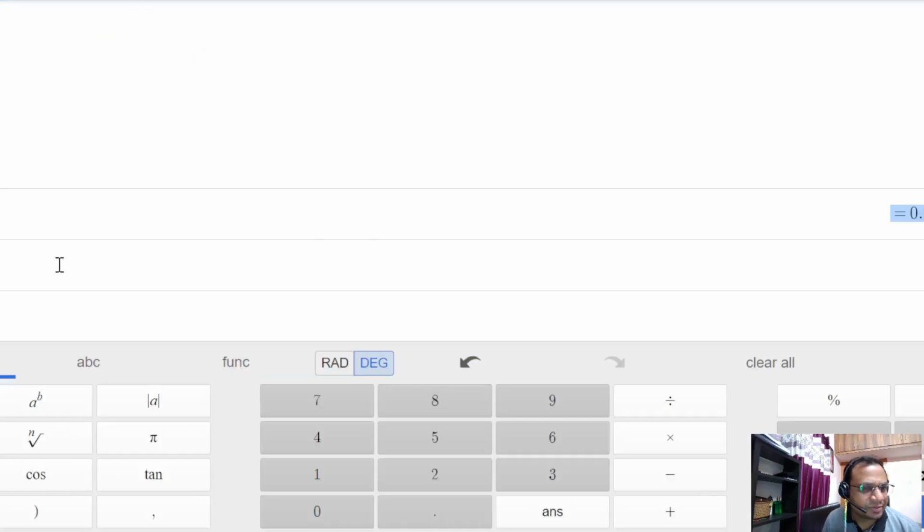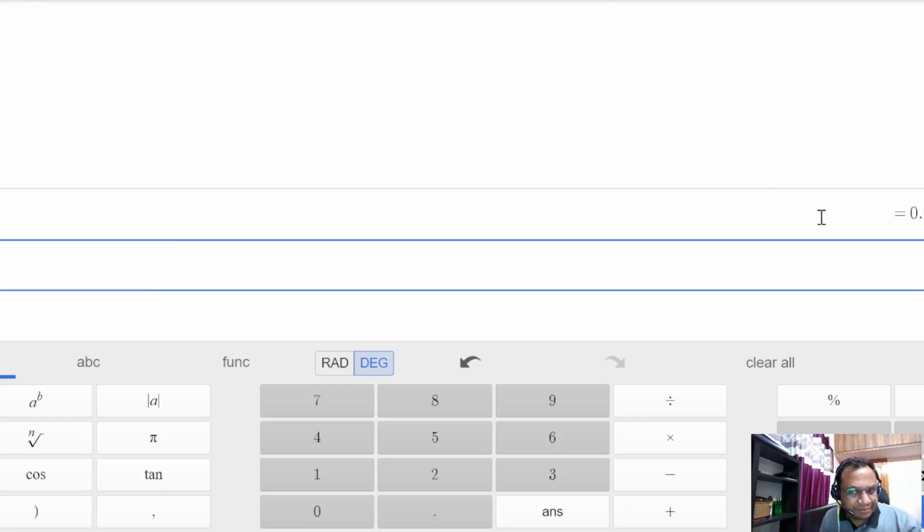So I'm just using the Desmos calculator and multiplying this value with 7. So you get 6.3.